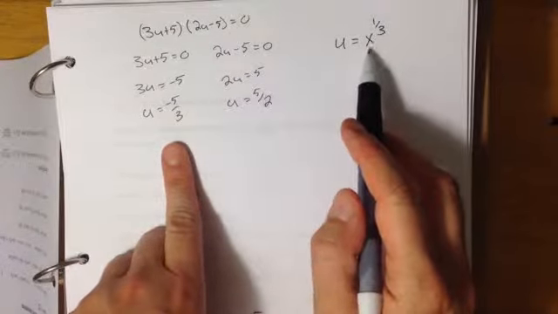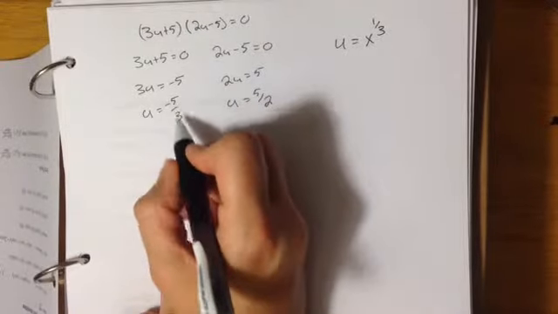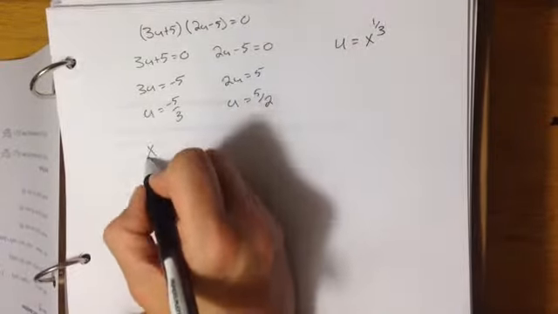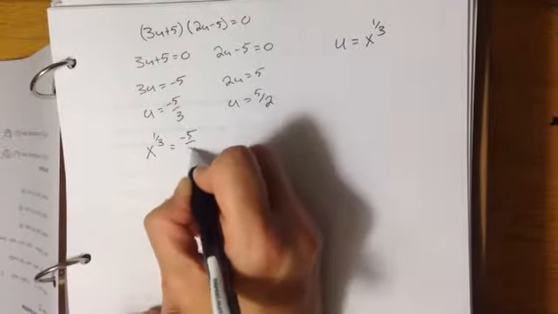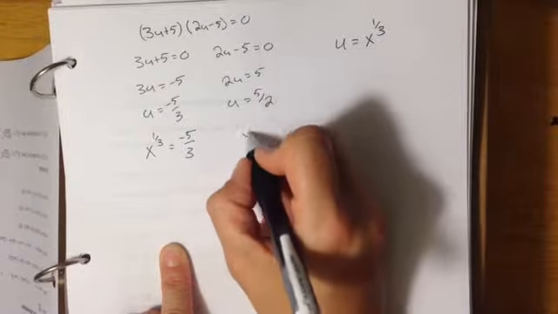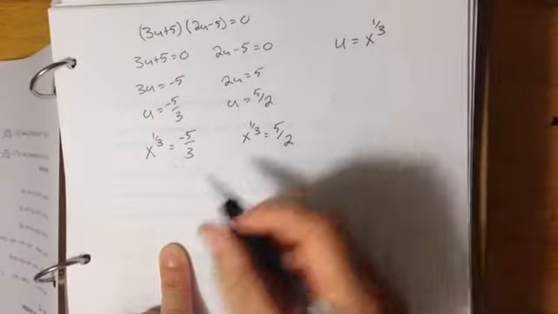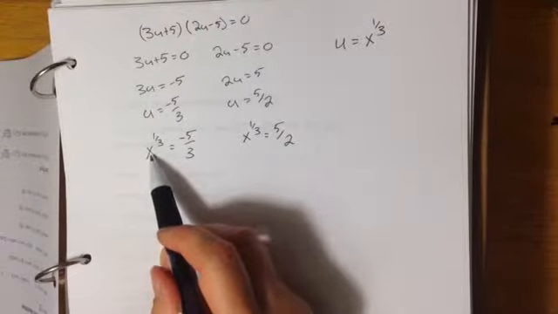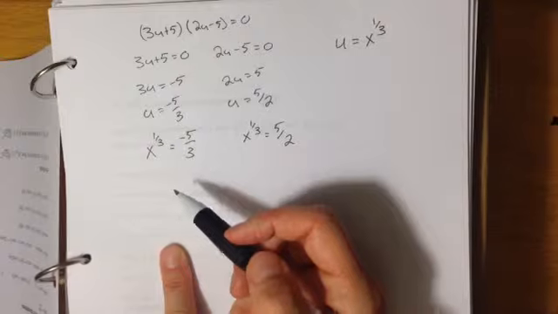I haven't finished finding out what x is. So if u is negative 5/3, that means x to the 1/3 is negative 5/3, or x to the 1/3 is 5/2. Now to undo that power of 1/3, I can cube both sides of this equation.